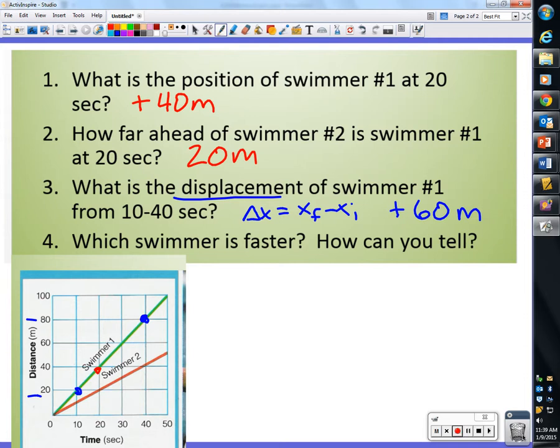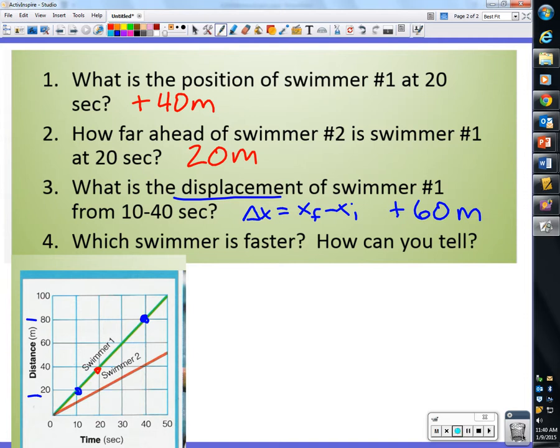It goes more meters in the same amount of time. Both of these swimmers swam for 50 seconds, but swimmer 1 went 100 meters, where swimmer 2 only went 50. So swimmer 1 goes more meters in the same amount of time.